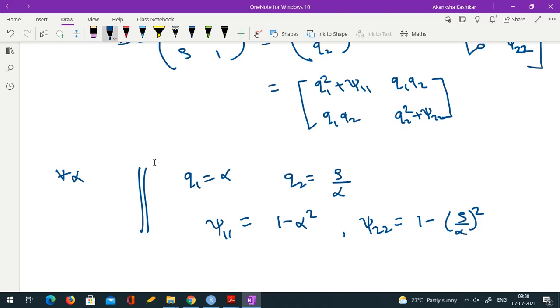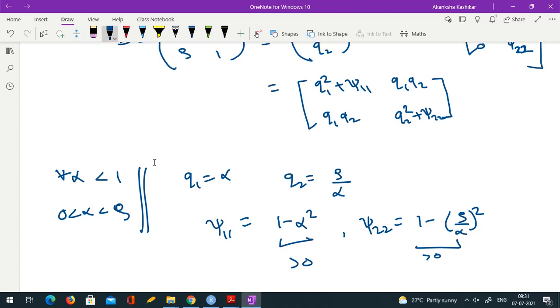Of course we can put a condition on alpha, so we can put the condition that alpha is less than 1 and maybe alpha is positive. This we can put to make sure that psi11 is positive, that the specific variance is positive. Here I would need a condition that alpha is less than rho also, so not just 1, alpha should be less than rho, because then only the specific variances would be positive.